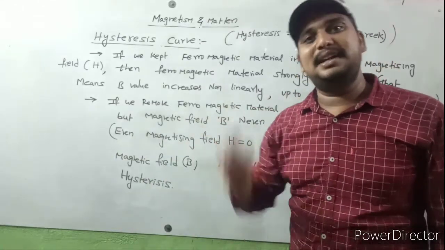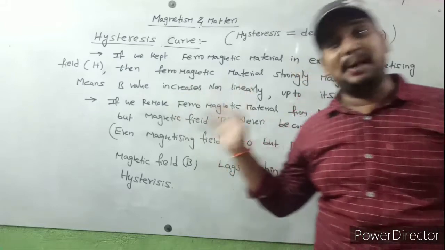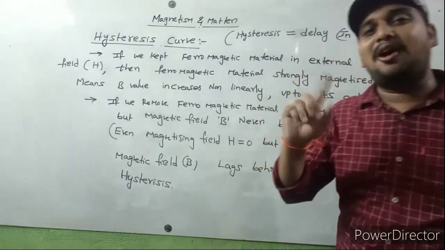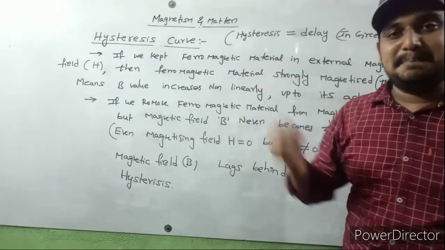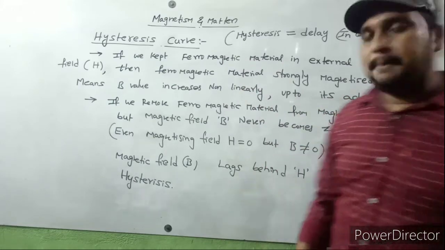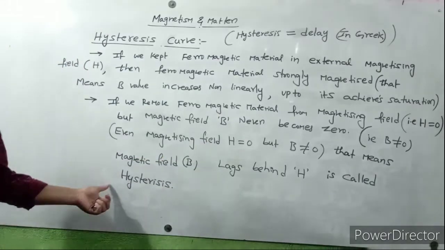But for ferromagnetic materials, when H becomes 0, B does not become 0. That means B lags behind H. So the magnetic field B lagging behind H is called hysteresis.